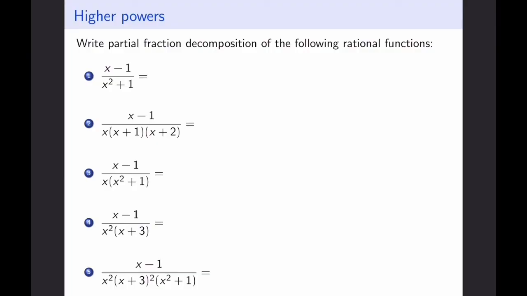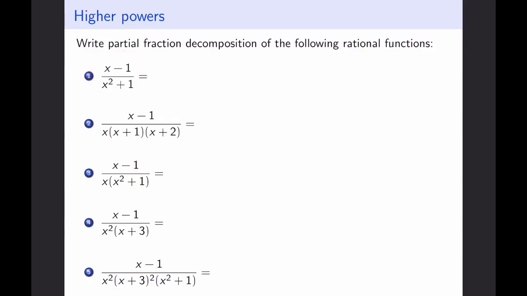Now, this would be just the first step in the integration. So if these were all integrals to be evaluated, first you will perform the partial fractions and then the integration itself. On this slide, I'm only going to do the partial fraction setup because, again, this is not only the hardest step, it's also the only step that is actually different from other integration techniques. So let's take a look at this first one here.